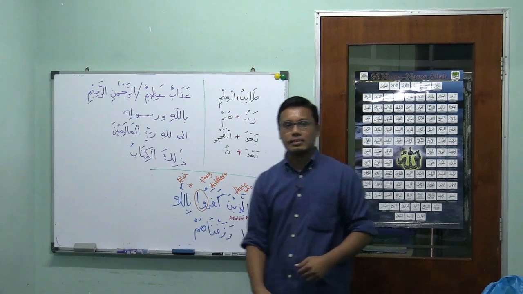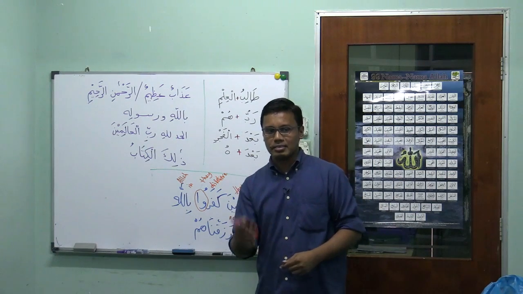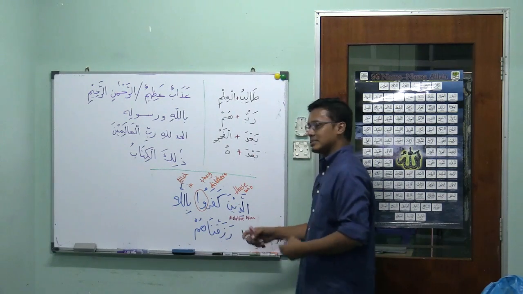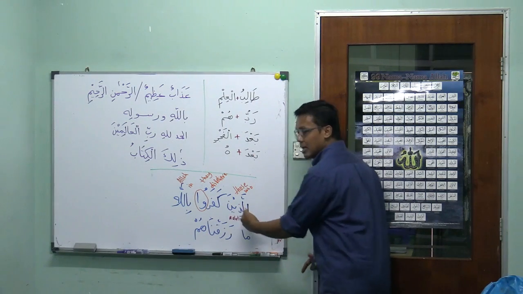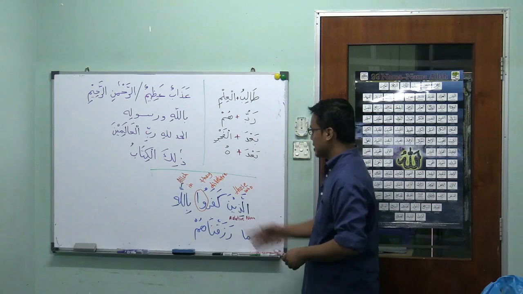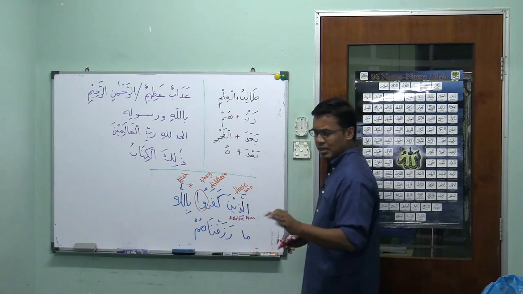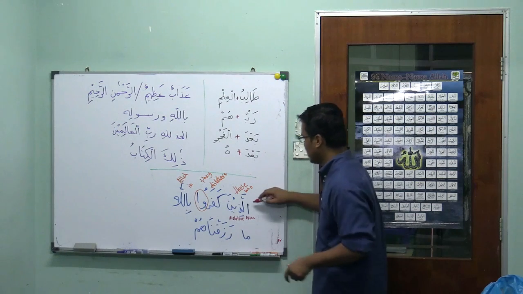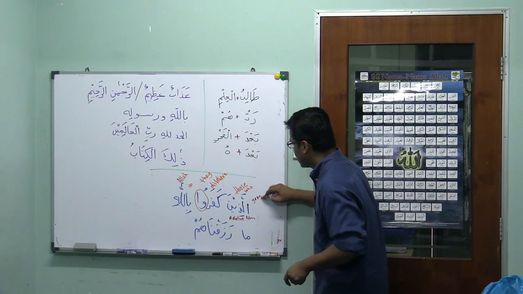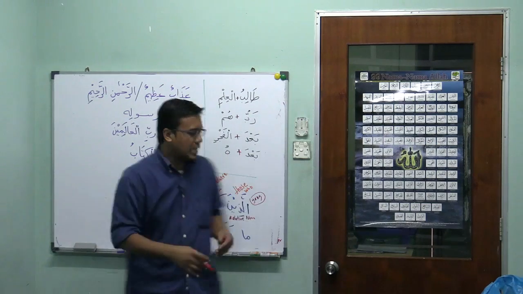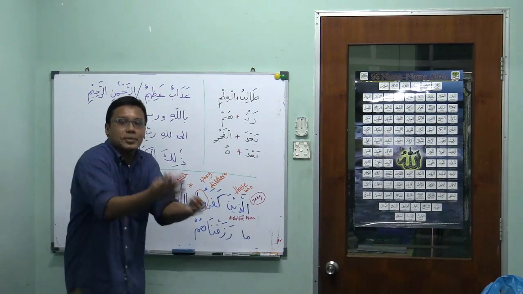It's like relatives, kan? Relatives are not called relatives unless they are related to others. So who is the relative of alladhina? In Malay it's more obvious, because it means yang. So there has to be something connected to yang apa.